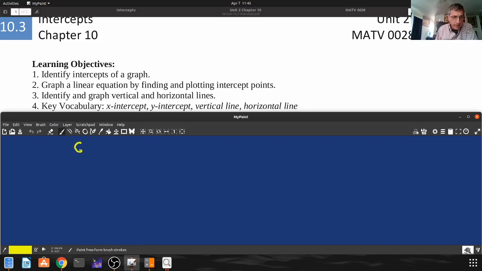So given an equation in two variables. So any equation in two variables we can graph, and not all of them are graphs of straight lines. So in this case we're going to just consider x, y.